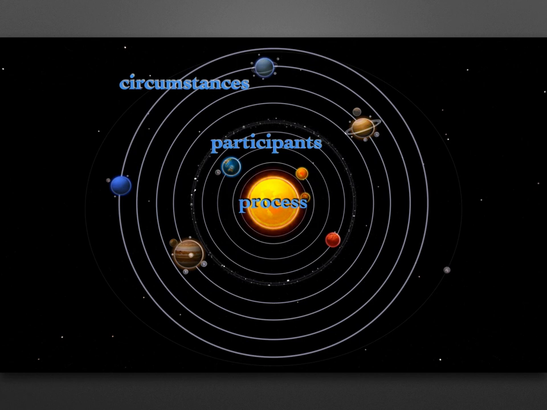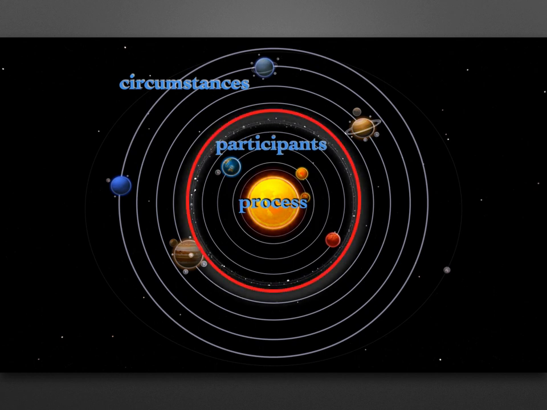And then when you move further away, toward the periphery, you get circumstances. So there is a sense in which the clause has a nucleus of process plus participants, some being more directly involved in the process than others, one in particular, the medium. We'll meet that later.